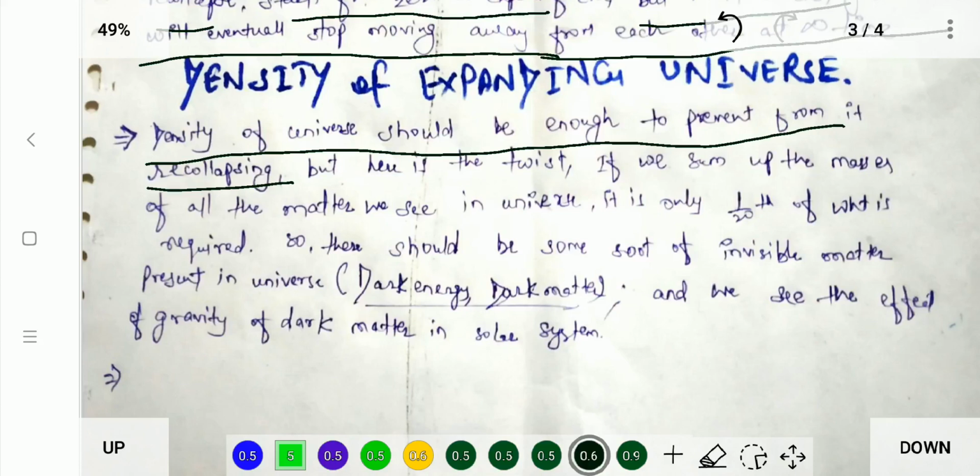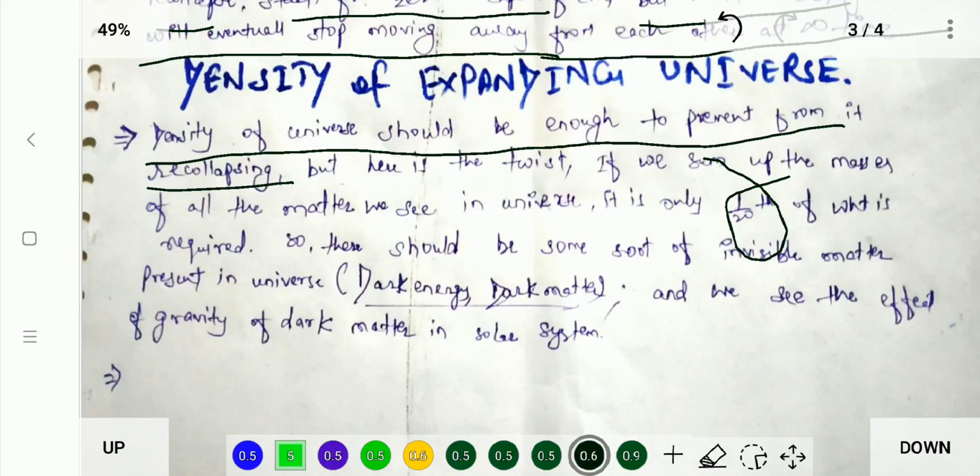But here is the twist. If we sum up all the masses of galaxies, stars, planets, asteroids, everything, it is only 1/20th of what is required to put everything in the condition it is in right now. It means a huge amount of mass is missing.